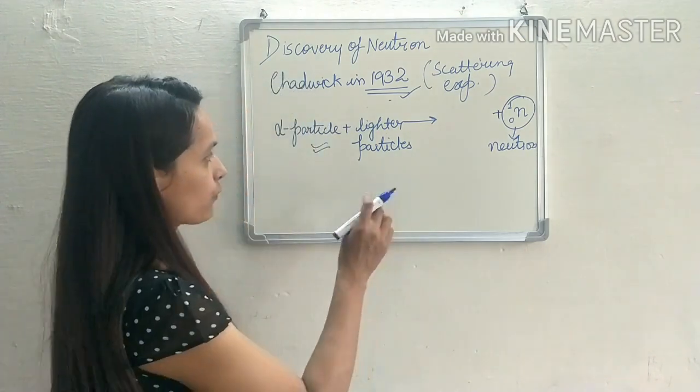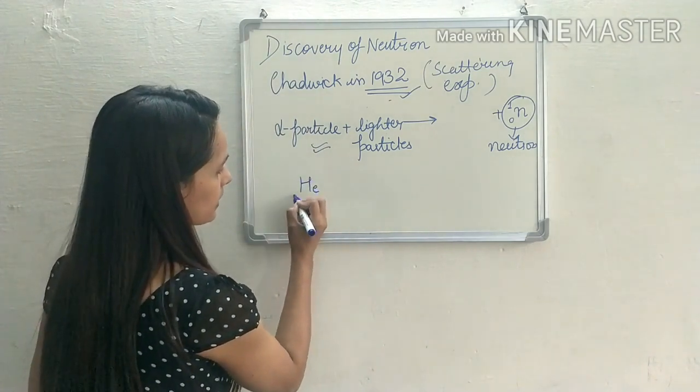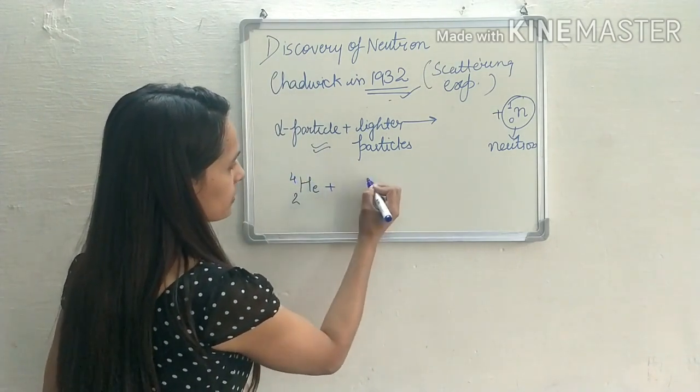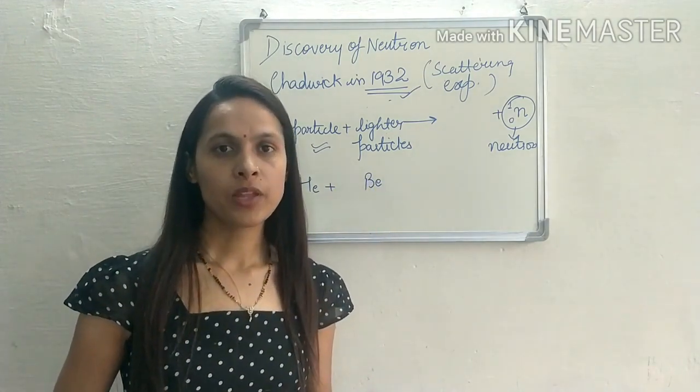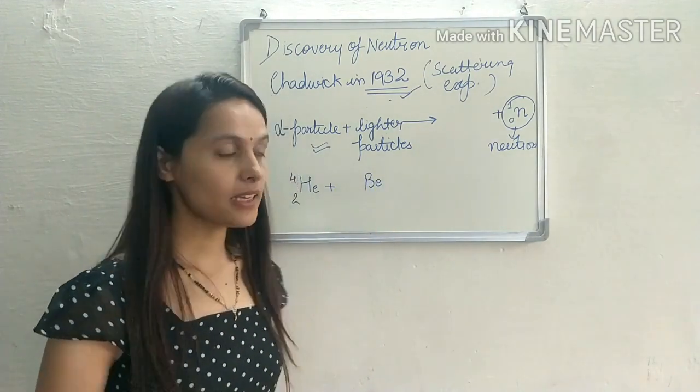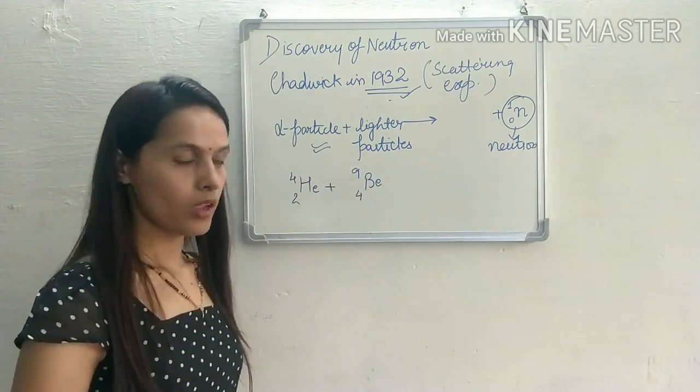So if we write the reaction here, alpha particle is represented by He (2, 4) plus beryllium. Now what is the atomic number of beryllium? The atomic number of beryllium is 4 and its mass is 9. Clear?